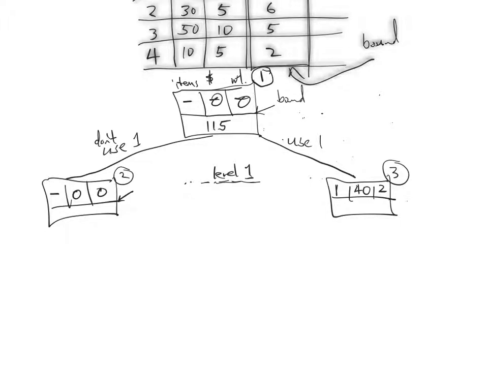So on each level, we only have choice over 1. What do I mean by that? Well, we've decided not to use item 1, so the best we can do is to use item 2, which is worth $30 and weighs 5 pounds, plus item 3, which is worth $50 and weighs 10 pounds.